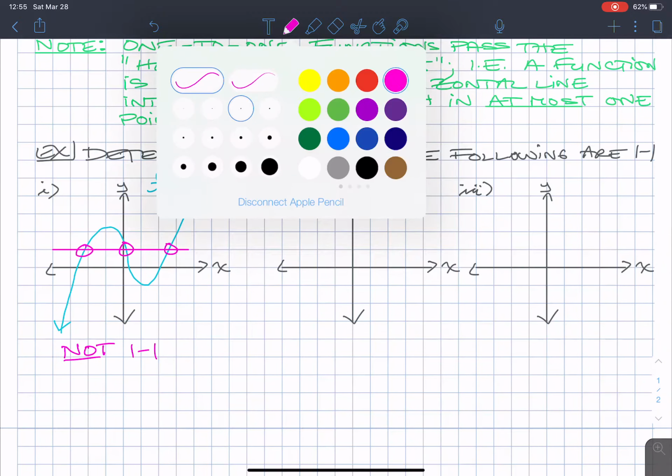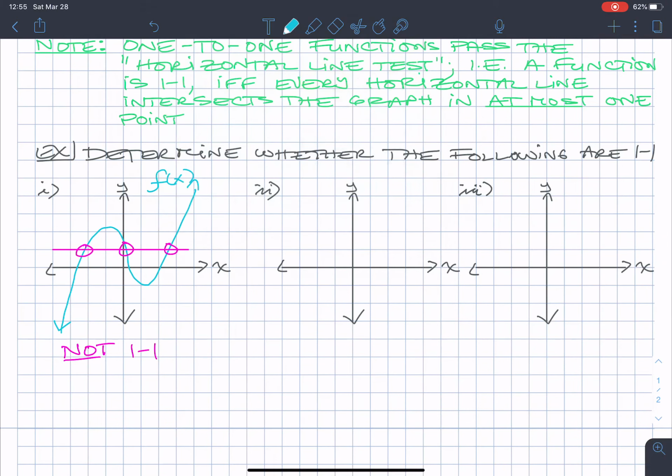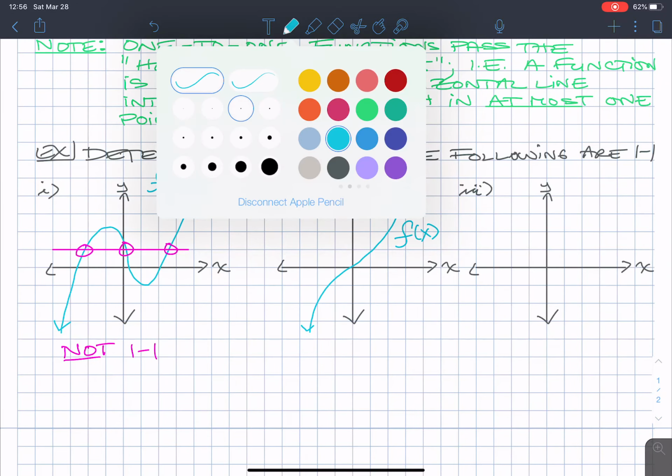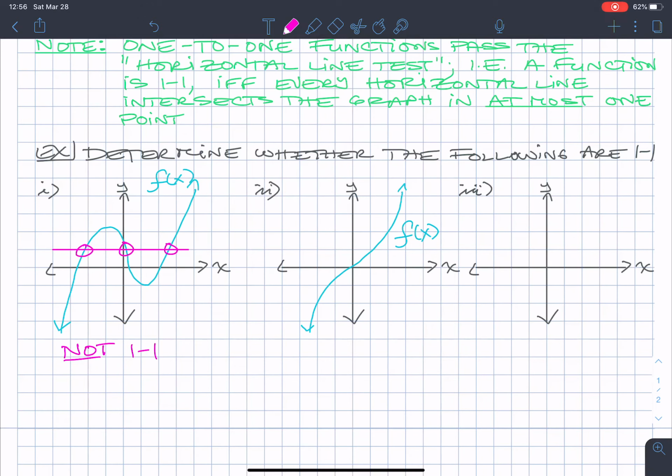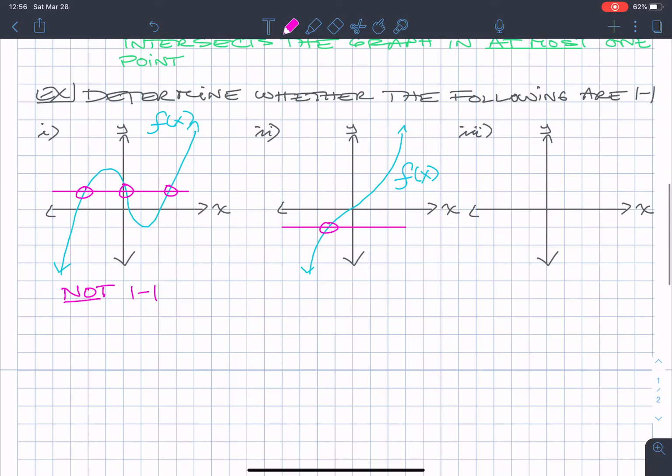Okay, now let's see another cubic without so many sinuous guys. Well, this one, notice every horizontal line will only intersect in one point. So this is one-to-one.